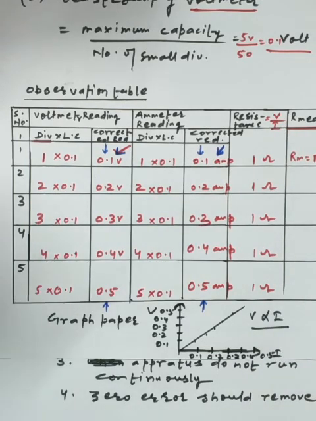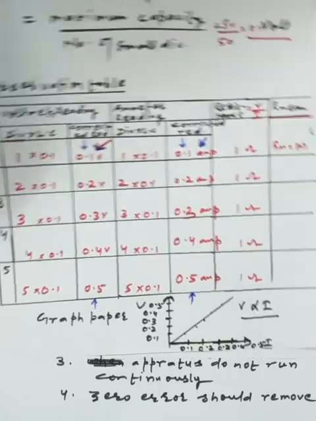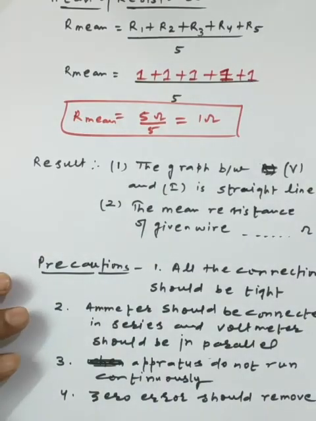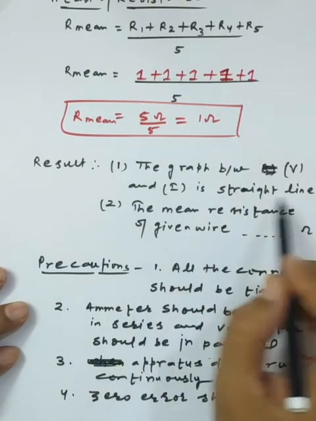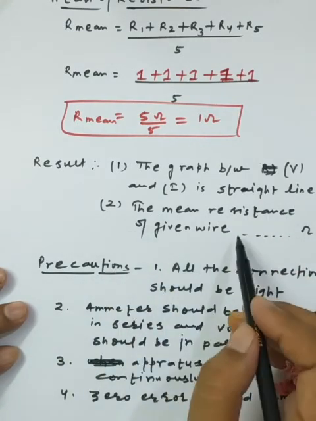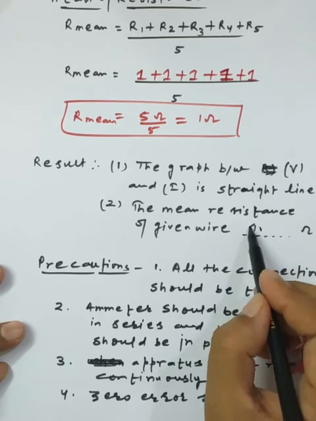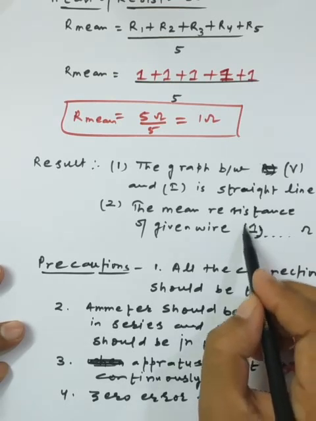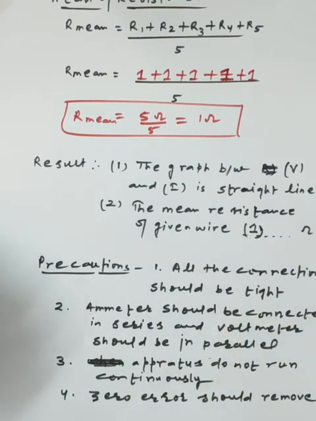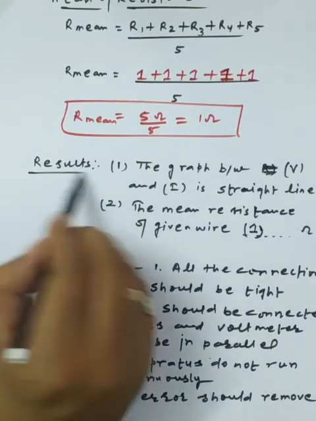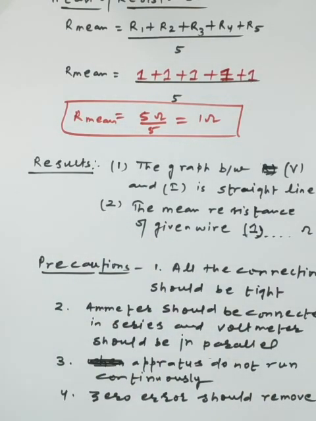So this is the first result. The graph between V and I is a straight line, and the mean resistance of the given wire is 1 ohm, which we got through the calculation. So these are the two possible results from this activity.